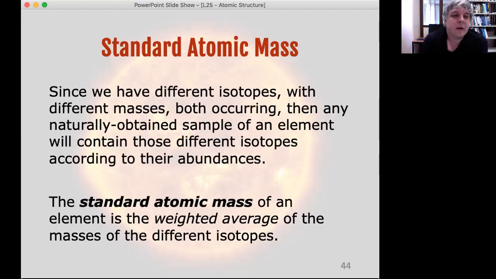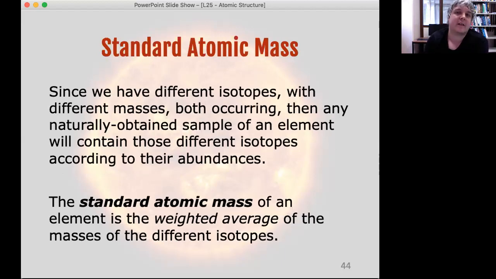Since we have different isotopes with different masses, both naturally occurring, any sample you take of an element will contain those different isotopes according to their different abundances.